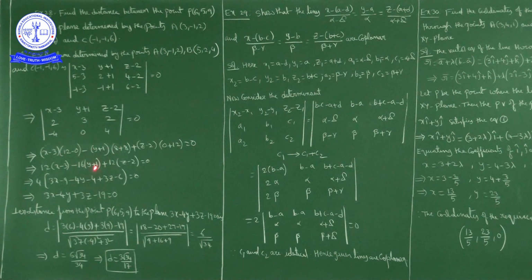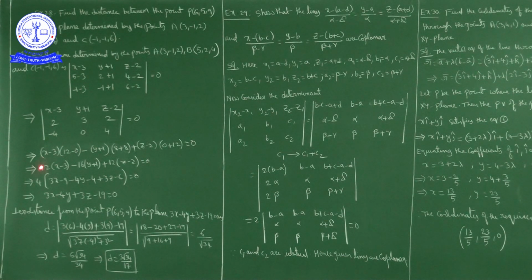So minus 16 into y plus 1, plus z minus 2 into first row third column closed: 0, 0 minus 3 into minus 4 is minus 12, so minus minus plus 12, so 12 into z minus 2. Okay, right hand side equal to 0.